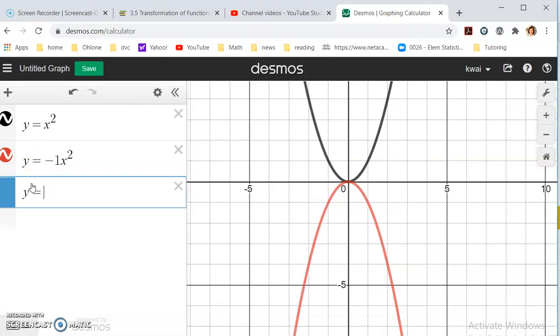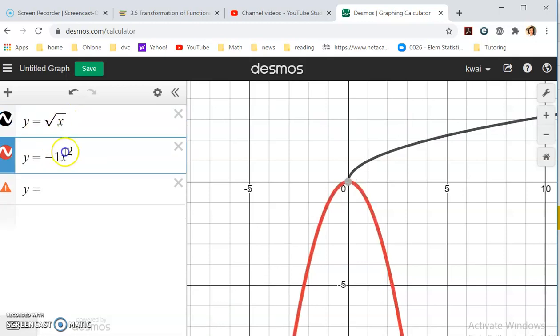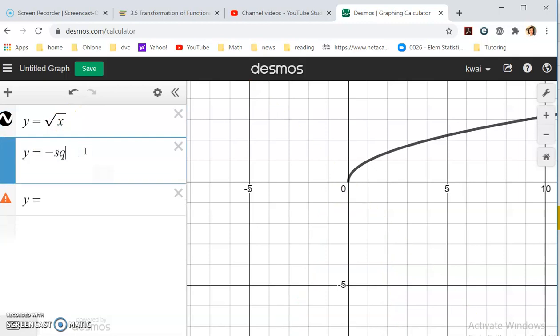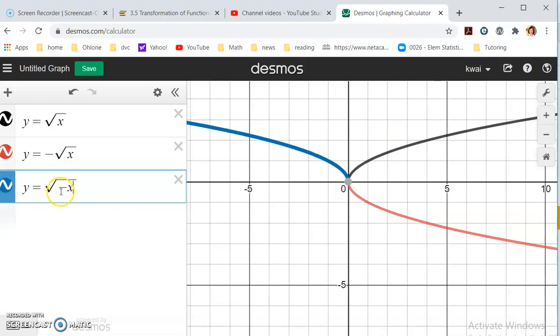And what about if I do x cubed, or maybe we'll do square root of x? If I do a negative of square root of x, you can see that it is up and down. It becomes down. And if I do square root of negative x inside, that would be f of negative x.